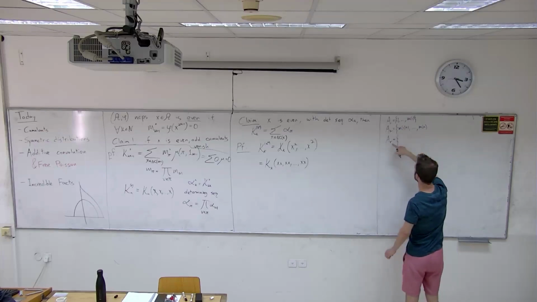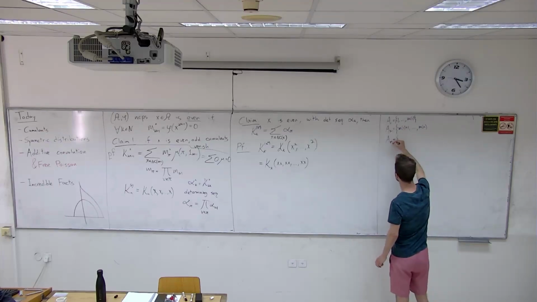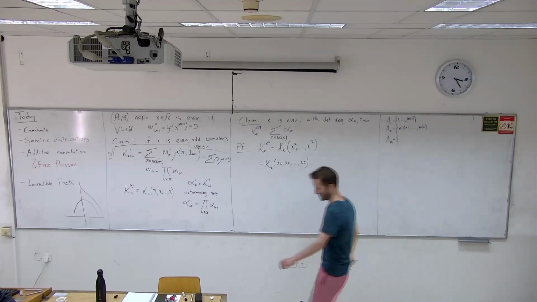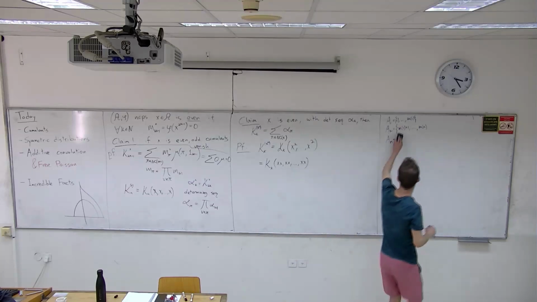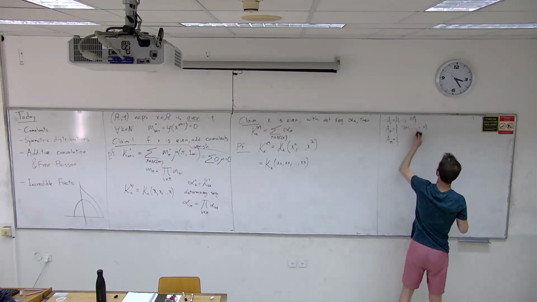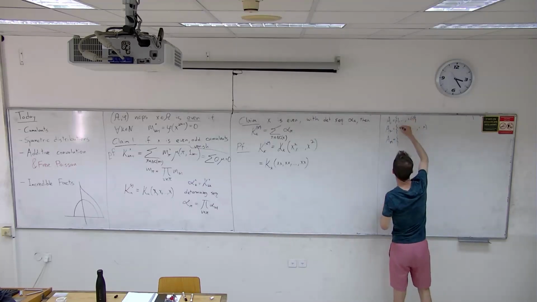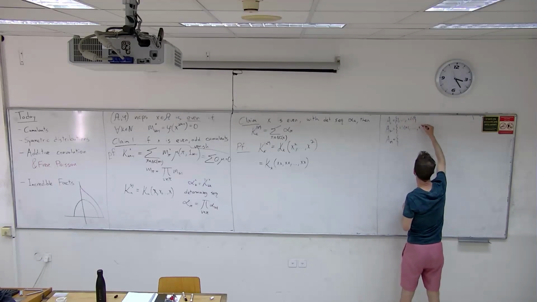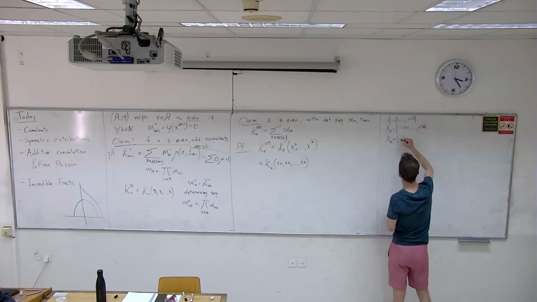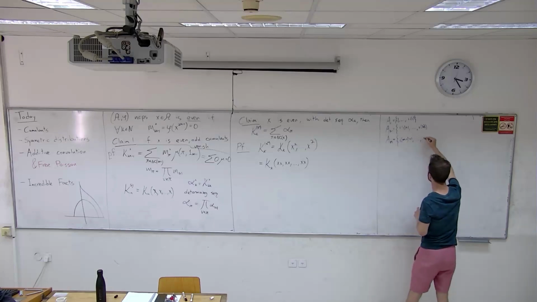Oh no, it was m. This was I's, right? I'll keep the same notation: I1, I2, up to I m minus 1 plus 1 up to I m, which equals n.